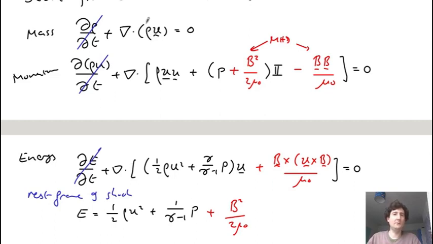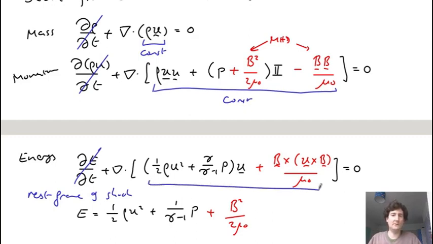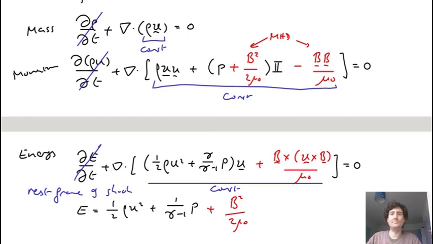And so the end result is that these fluxes are constant, because this is the flux of mass, this is the flux of momentum, so this is also constant, and as is this. So each of these three fluxes is constant across the shock.